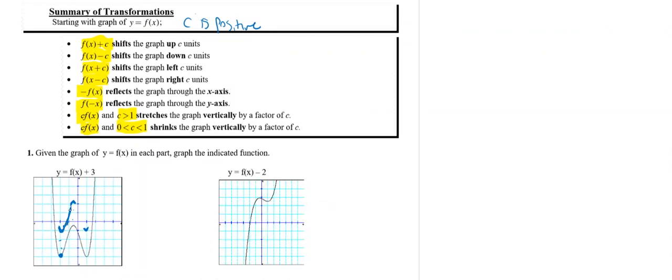Everything is going to be pretty much parallel to your original graph, but everything got shifted up 3 units. Maybe I'll shift the x-intercepts too. That is going to go over there, and then everything is going to go higher by 3 units. This one goes up over here. And this is the graph of f of x plus 3. Everything got shifted up 3 units.